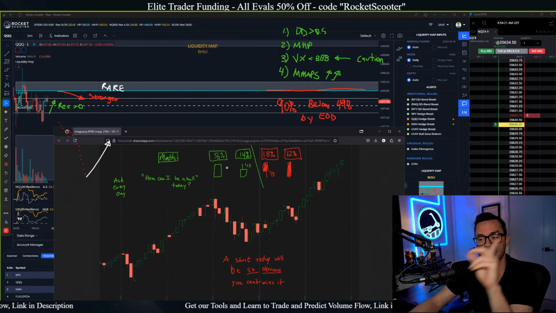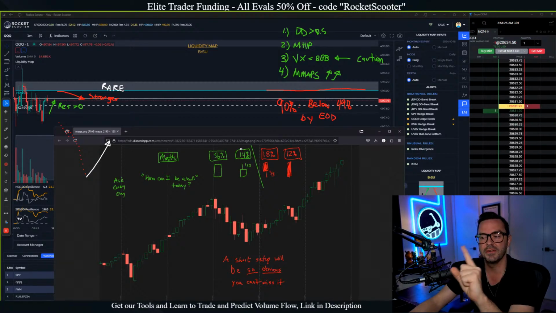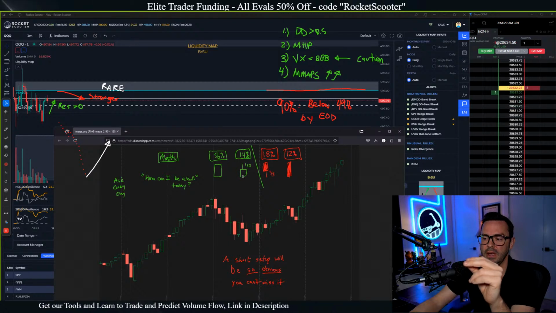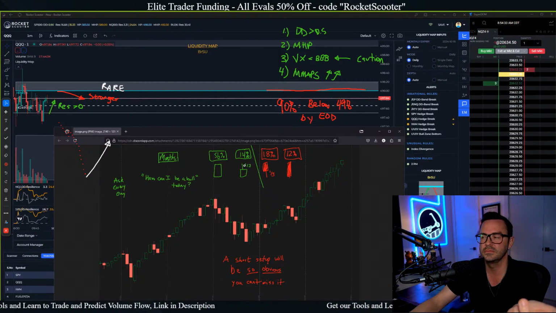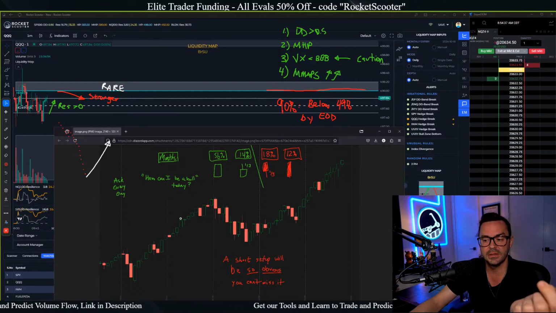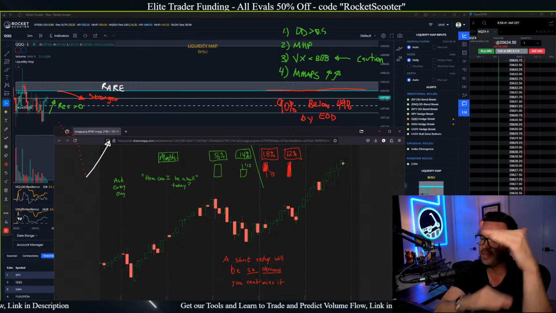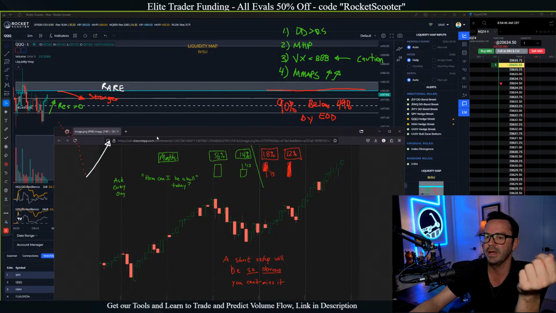Now, of these stats, 14% of all the months total were a green month that lost a third by the end of the month. Only 14%. 56% of green months were strong until the end. Didn't lose a third, didn't sell off a third of that month's worth of gains. See, look at this. Just bouncing all over the place.